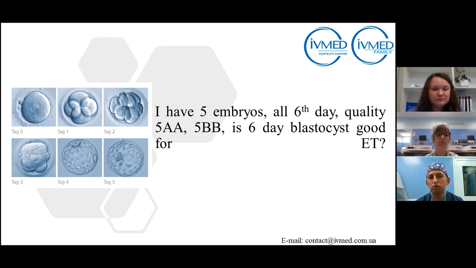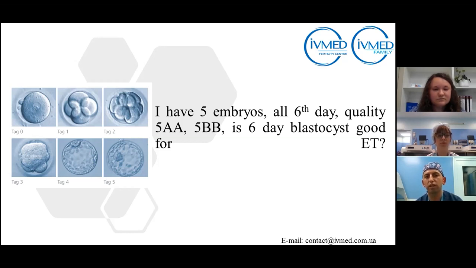Our experience also, as we are working with 95% frozen embryo transfer cycles, is that between 5-day embryos and 6-day embryos, if they are healthy genetically, if we have a chance to make NGS testing on them, and if they are healthy, there is no morphological difference. So this is only a kind of metabolic activity inside of the embryo. Some of them develop faster, some of them slower.